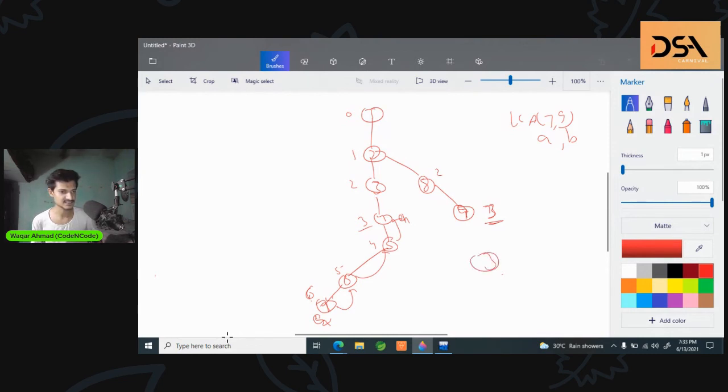Because this is at distance 6, this is at distance 3, so 6 minus 3 is 3, so the difference is of length 3. So 3 you can represent as 1 1. So first you would make a jump of length 2 raised to power 0. Who is the 2 raised to power 0th parent of node 7?